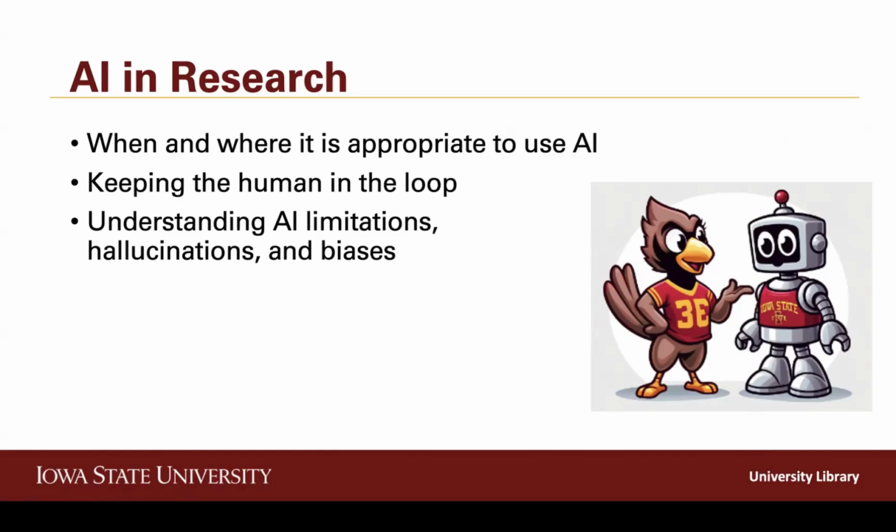We want to make sure double and triple times that they check everything that comes out, because the output can be so convincingly false. We do offer a couple of examples of that within there, of some of the new answer machines that are out there.